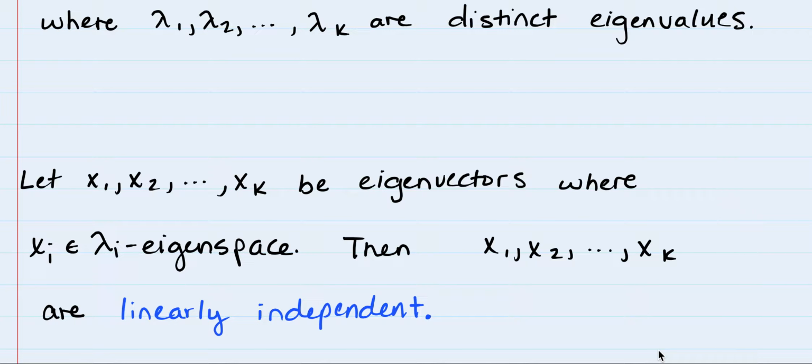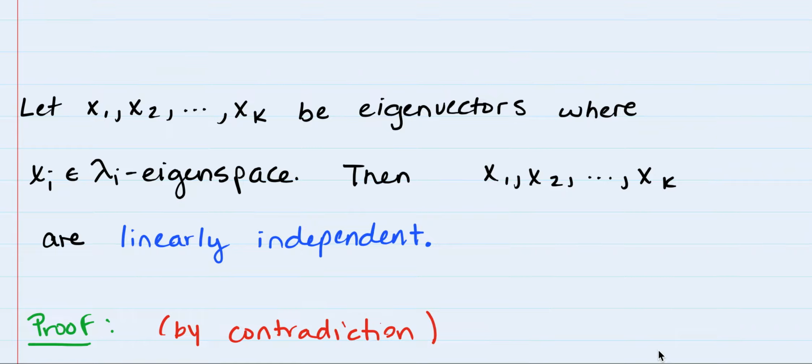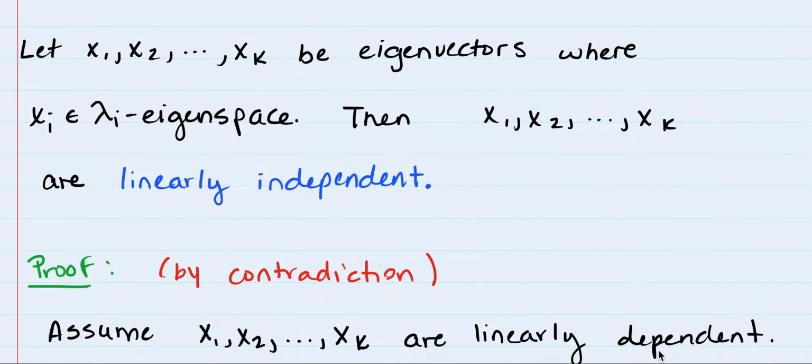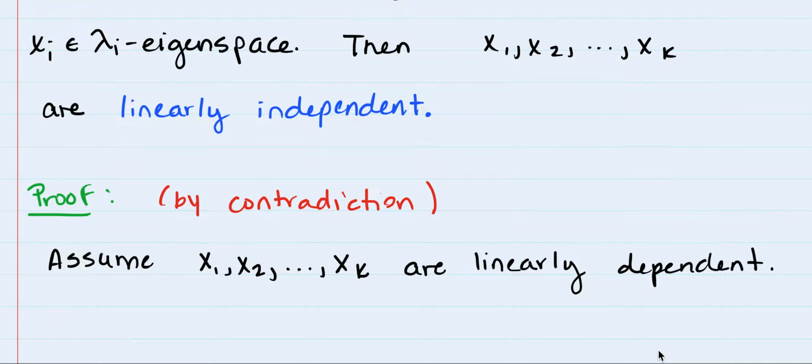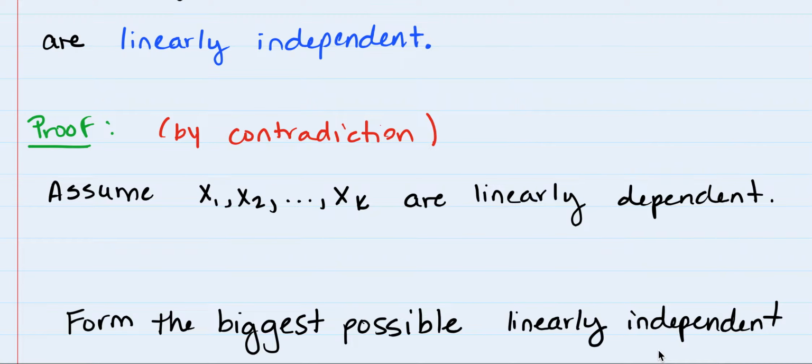We're going to prove this, and how we're going to prove it is by contradiction. So we're taking one vector from each eigenspace, and we're going to assume that these vectors are linearly dependent. Well, we can form a linearly independent set from the set of vectors.